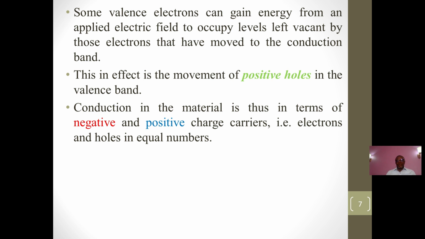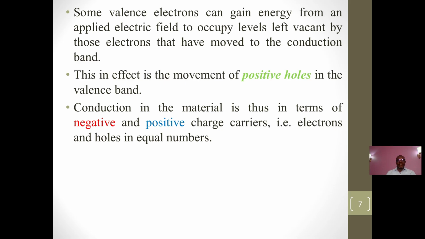If you see where charges are represented in your physics, in your chemistry, you have a small circle with a plus sign inside, and you also have a small circle with a minus sign inside. The one with the plus sign inside is called the positive charge, and the one with the minus sign is called the negative charge.